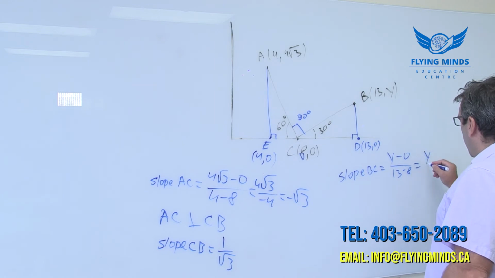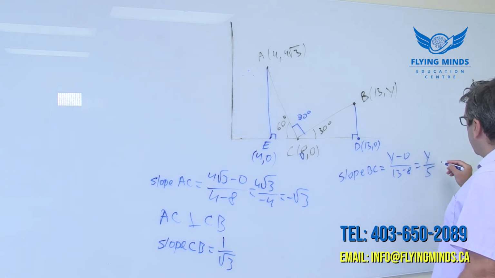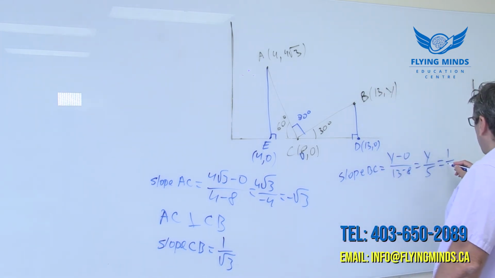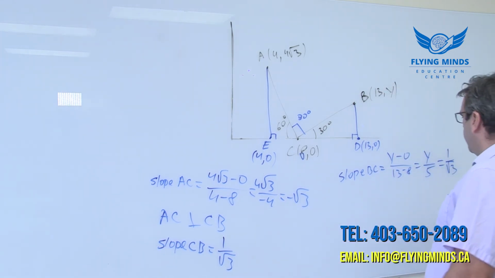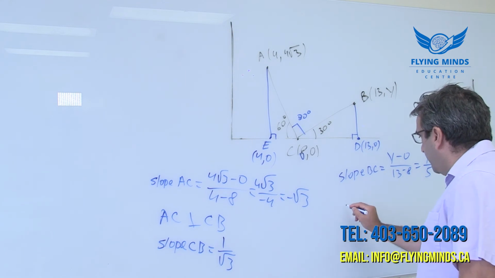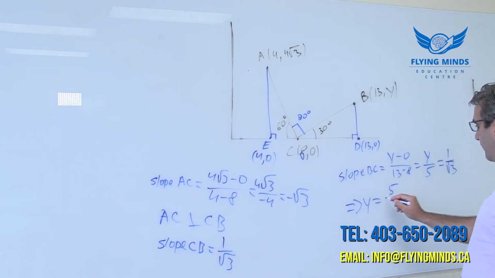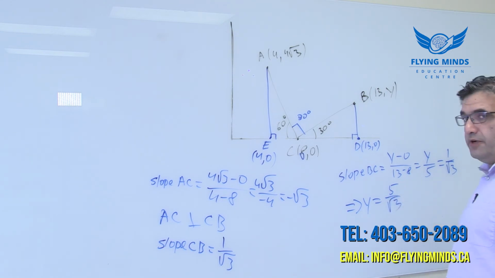So it will be y over 5, and it equals, we already know the slope, 1 over square root of 3. And from here, y equals 5 over square root of 3.